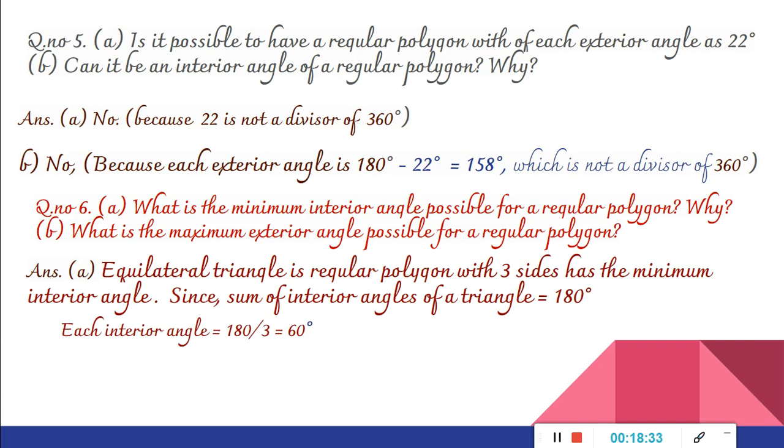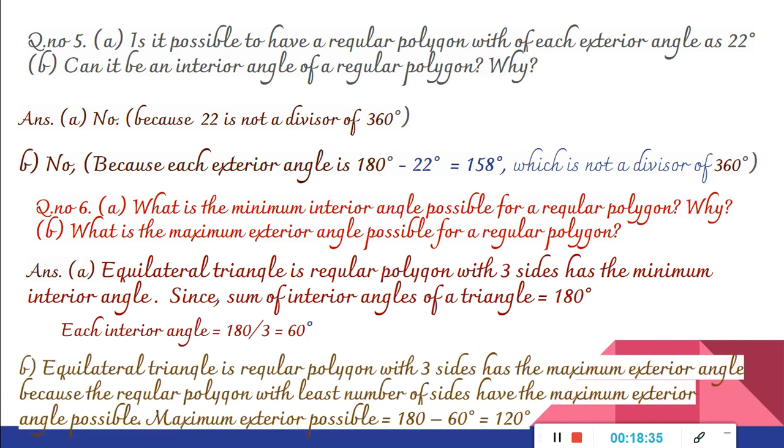Okay. Then in the same way, for the maximum exterior angle, that is also the equilateral triangle only. An equilateral triangle, a regular polygon with 3 sides, has the maximum exterior angle, because the regular polygon with the least number of sides has the maximum exterior angle possible.